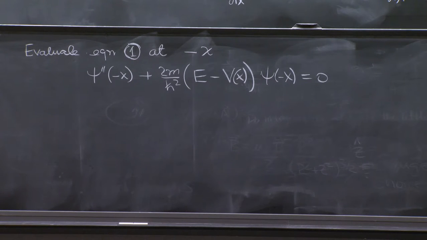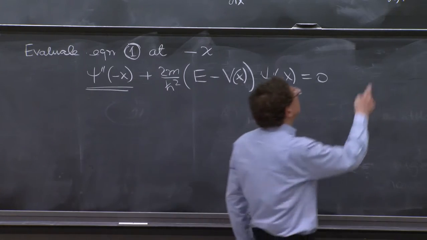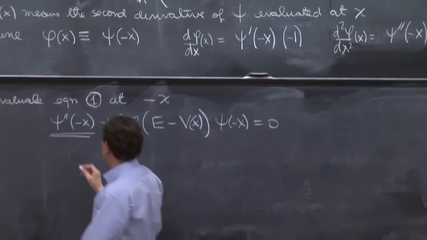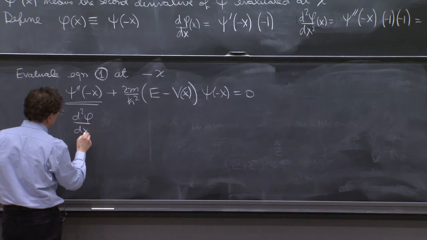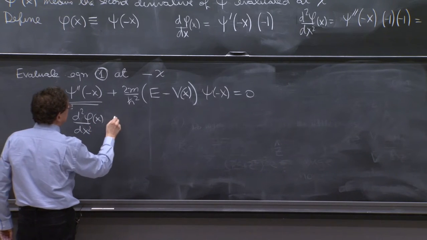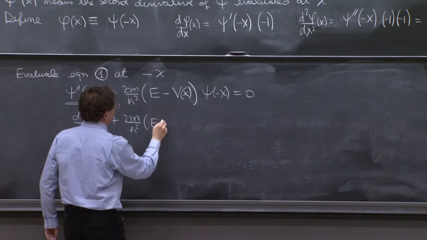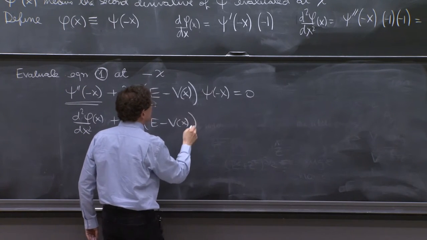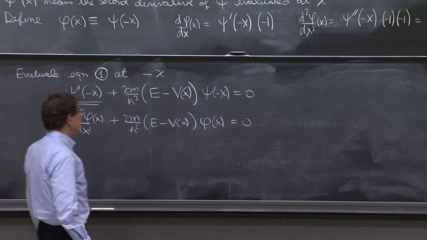And then you realize that this thing is just the second derivative of phi with respect to x squared at x, plus 2m over h squared, E minus V of x, phi of x equals 0.